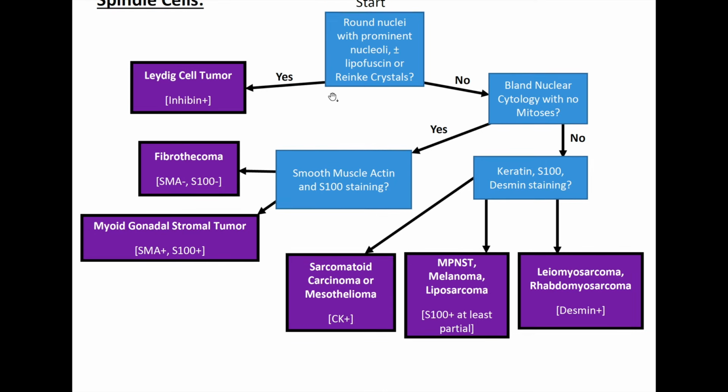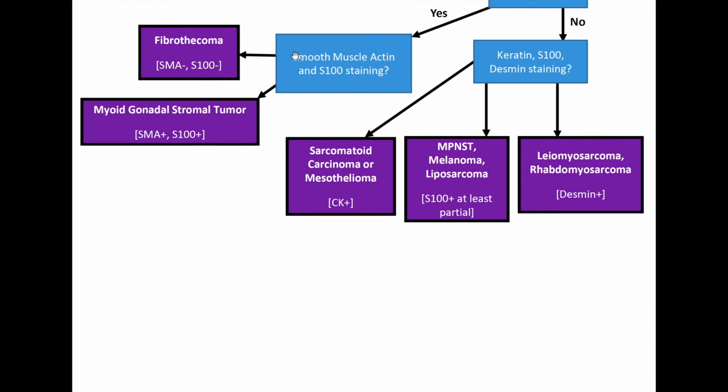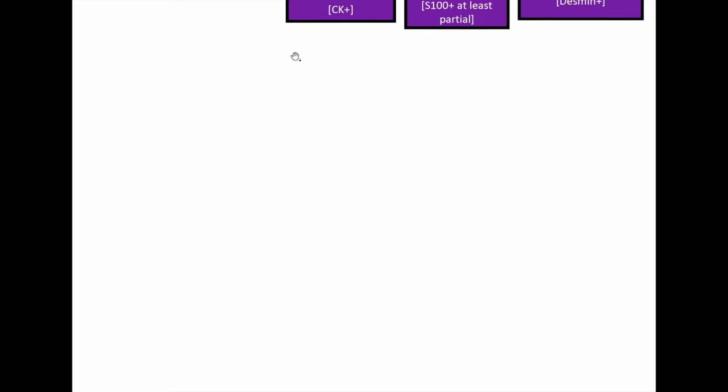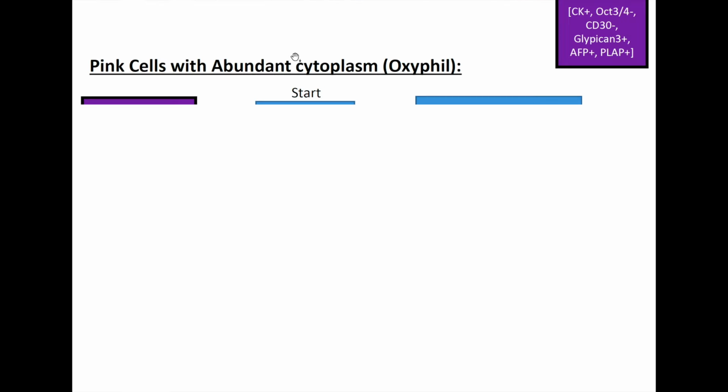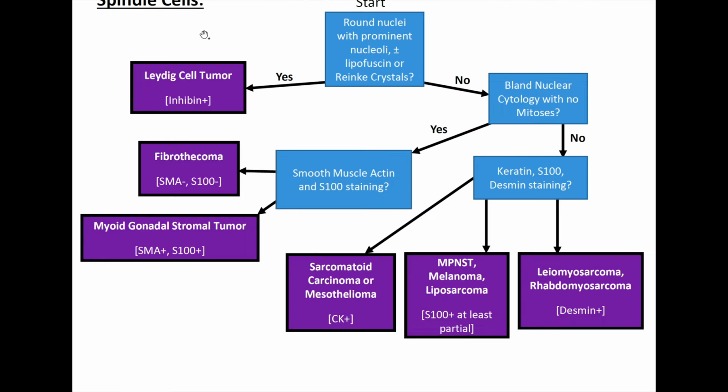And there's also spindle cells. So when you're working these entities up, make sure you assess the architecture, the cytology, and then see which category your tumor falls into, and then use this algorithm to get to the correct diagnosis.